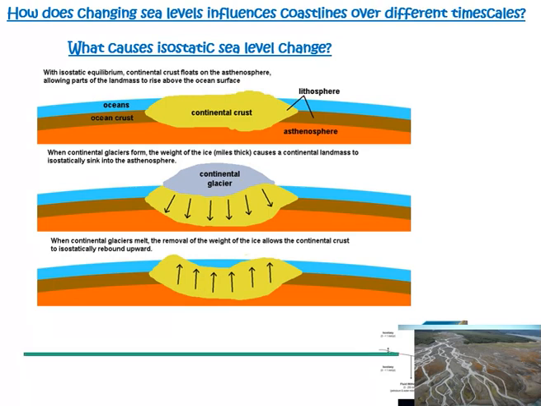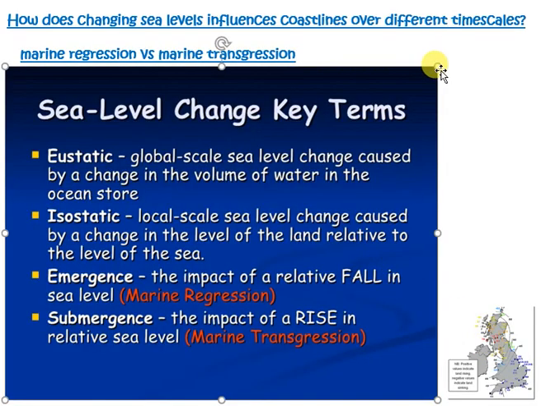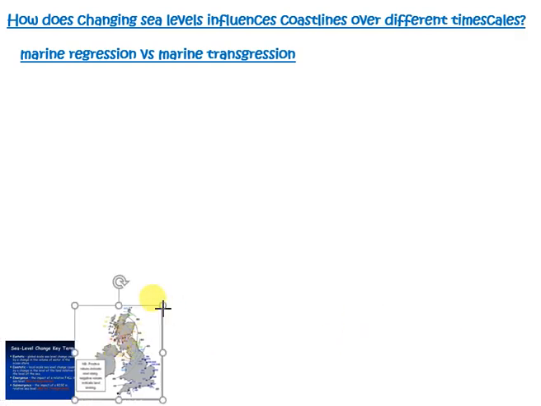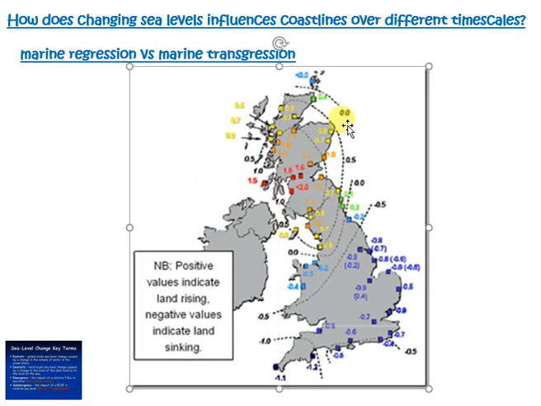And if we just have a quick look at Scotland, wee bonny Scotland, that's why Scotland is rebounding isostatically, because obviously Scotland's further north, and during the last ice age it received more weight pushing down on it from thicker ice sheets.